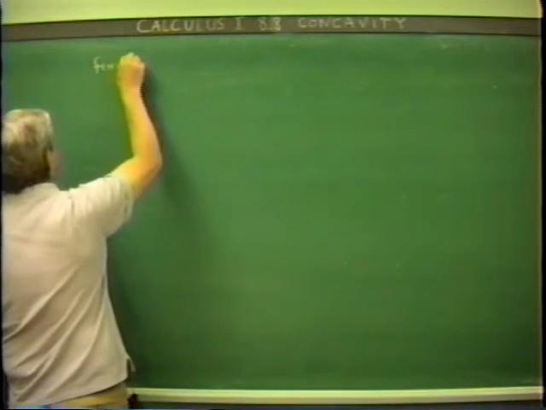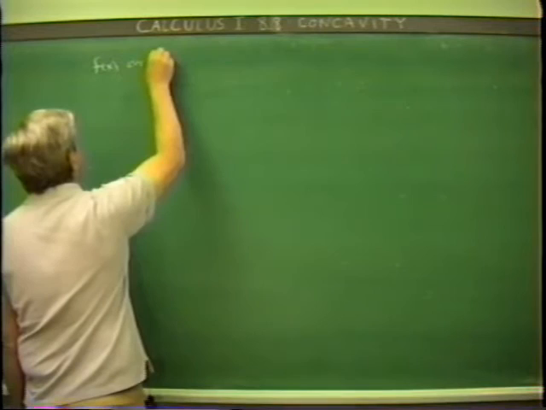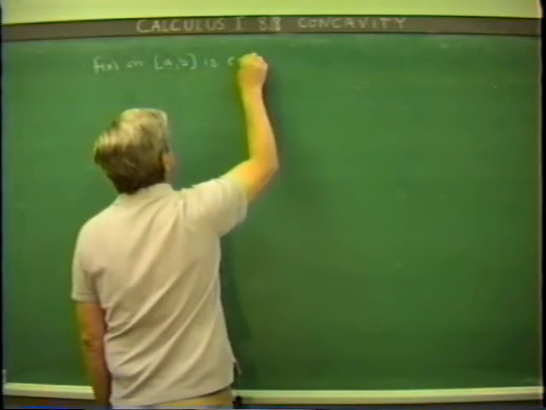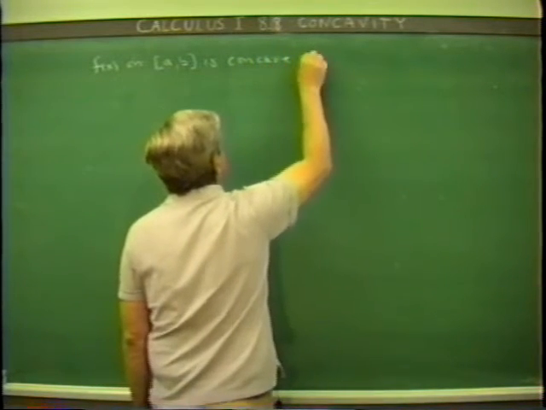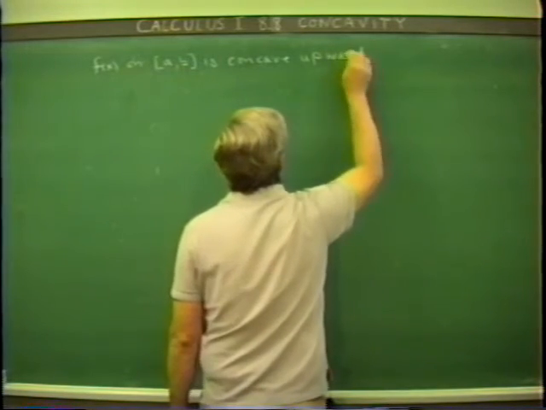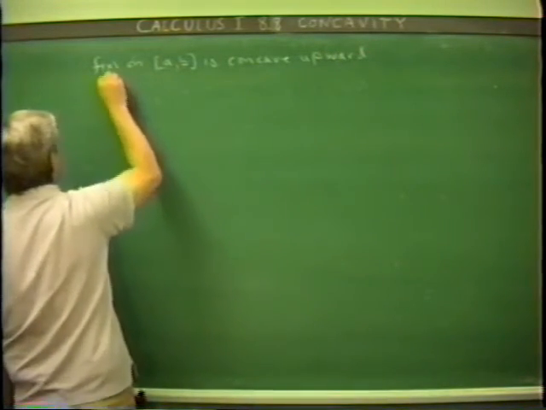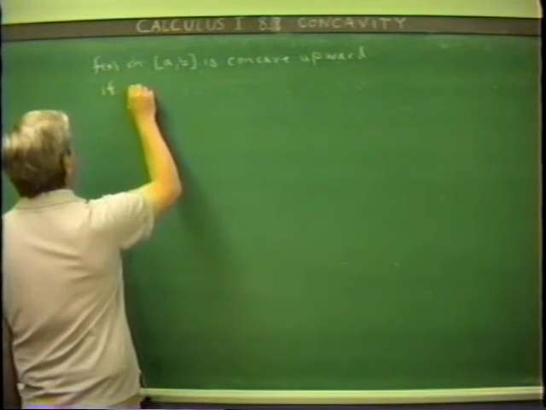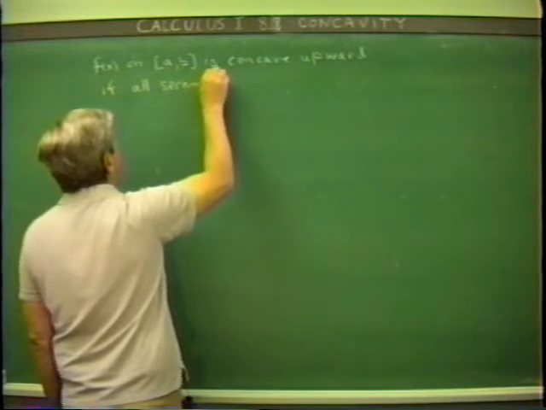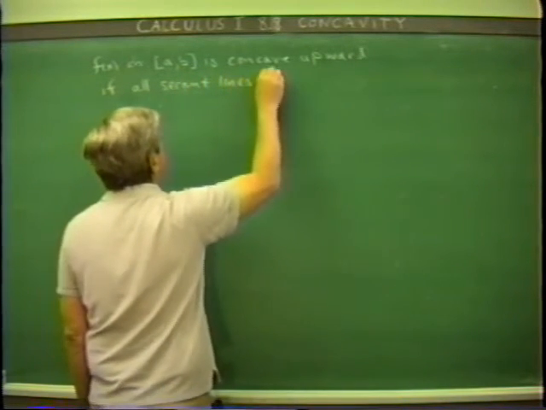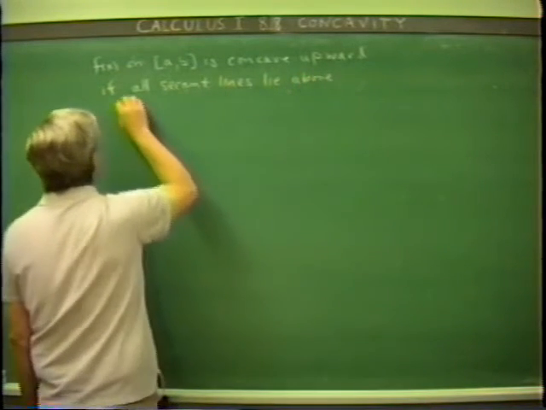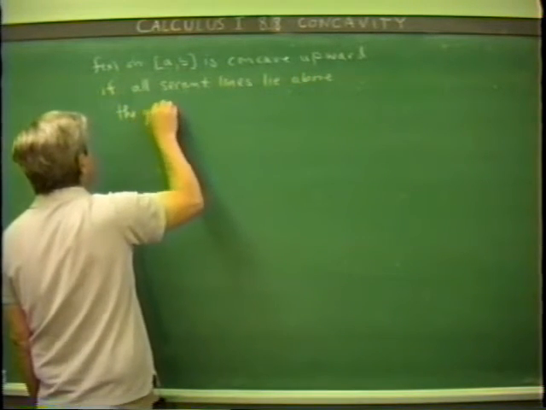A function f of x on, let's say, the closed interval AB, is concave upward, or just concave up, if all secant lines lie above the graph.